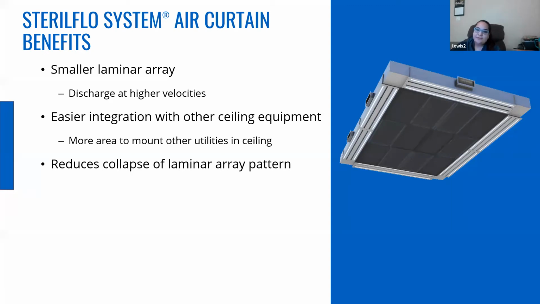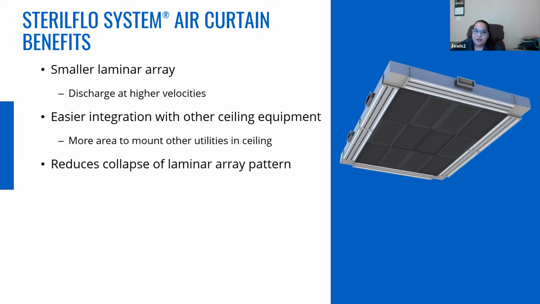A smaller ceiling footprint is also available because you don't need as many laminar arrays to put air into the space. So as long as you still have your 70% coverage, then you have all that room open now to put booms or lighting or anything else you might want in the ceiling.